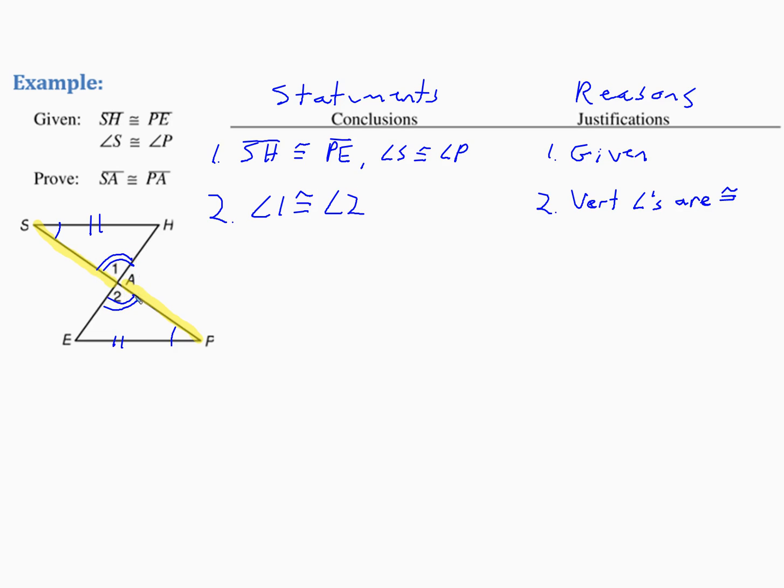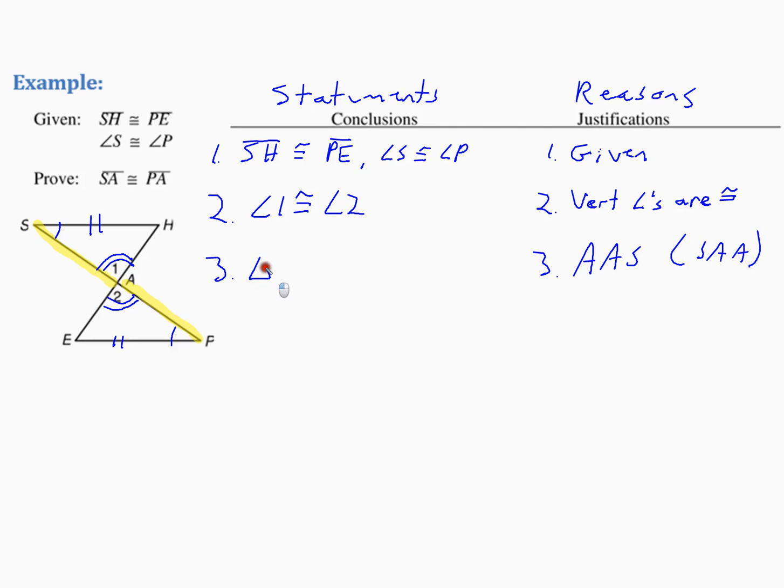Now looking at this, we have two angles of one triangle and a non-included side congruent to two angles of another triangle and a non-included side. So we can write that these two triangles are congruent. My reason is going to be angle, angle, side, or if some of you like, side, angle, angle. Now I want to write this correctly.